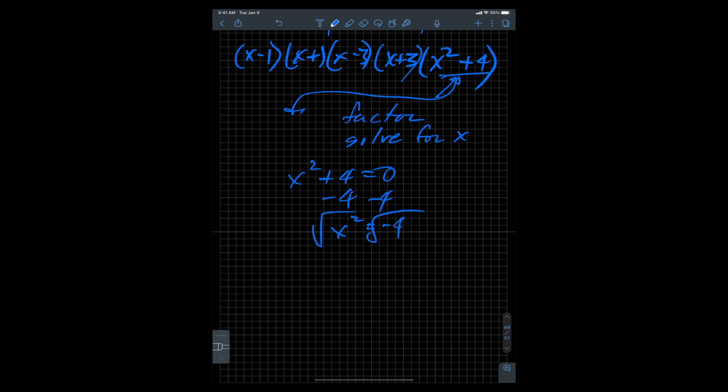Take the square root of both sides, and I get x equals plus or minus the square root of -4, which of course is plus or minus the square root of 4 times -1, which is plus or minus the square root of 4 times the square root of -1. But square root of 4 is 2, and square root of -1 is i. And so that's how we get that.